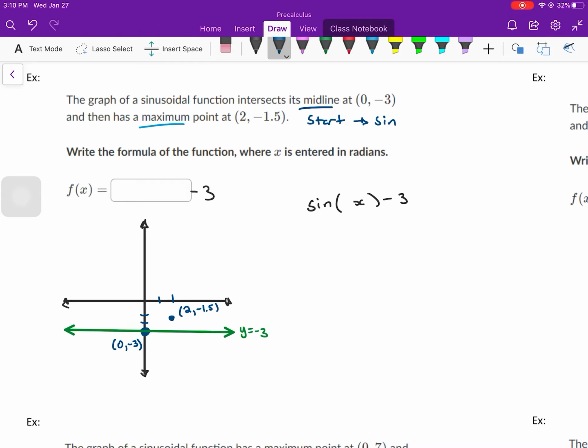So what's that vertical distance from there? There's our first quarter. But what's that vertical distance there? Well, let's just do the top minus the bottom: -1.5 minus -3. Look at those minus signs.